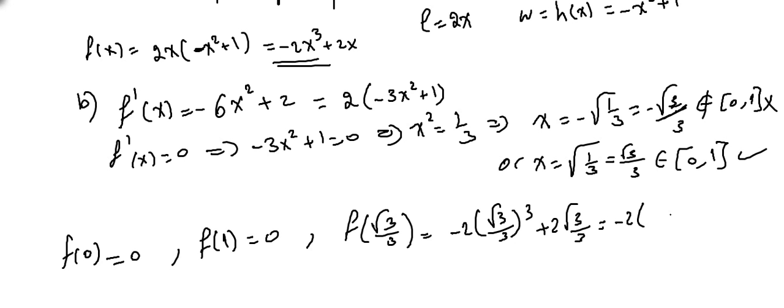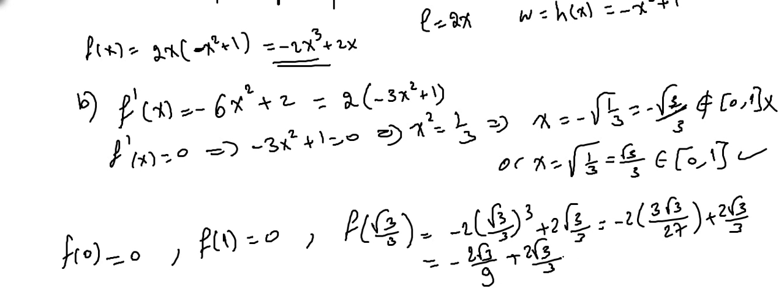That will be minus 2 multiplied by 3 radical 3 over 27 plus 2 radical 3 divided by 3. This equals minus 2 radical 3 divided by 9 plus 2 radical 3 over 3. Let me multiply this by 3. We get minus 2 radical 3 over 9 plus 6 radical 3 over 9.